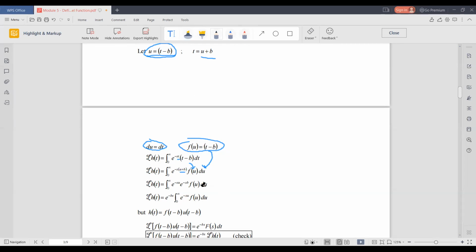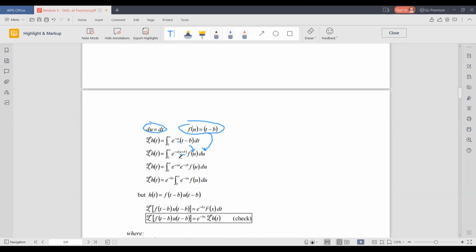Review nyo lang integral calculus. Then here, properties of exponent. Okay, so separate natin, that is e raised to negative s times u multiplied by e raised to negative sb. So this is just the same with e raised to negative s quantity u plus b.